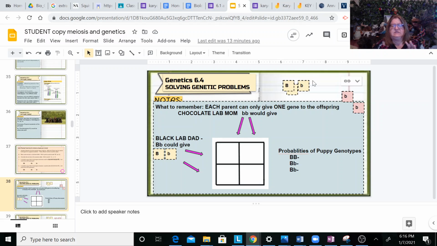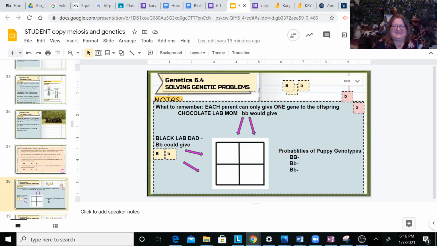Now, what I did is I made these draggable alleles, and I color coded them. So the mom is going to be this kind of pinky color. Sorry, the dad is going to be yellow. Now, in my first example, we're going to have a chocolate lab mom and then a black lab dad.